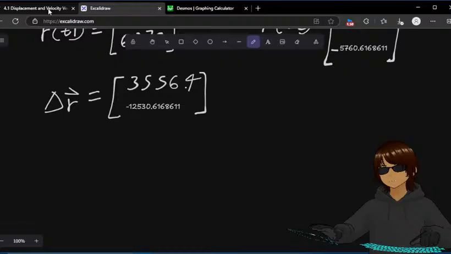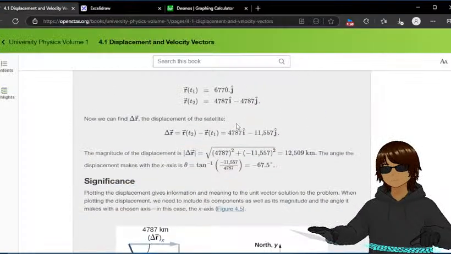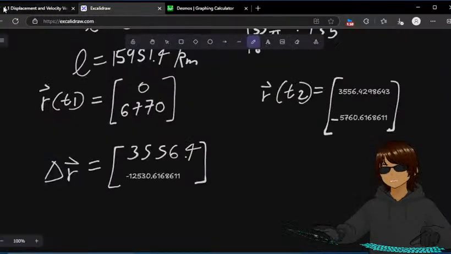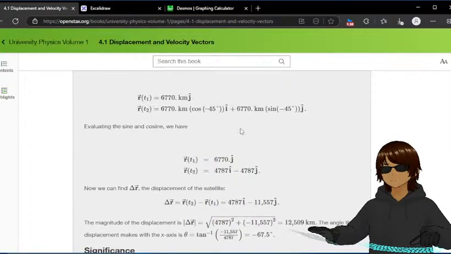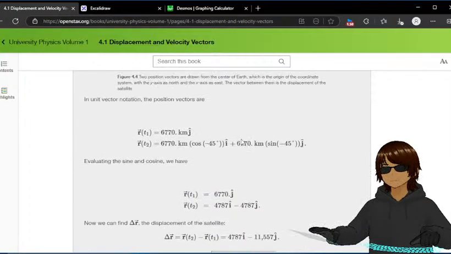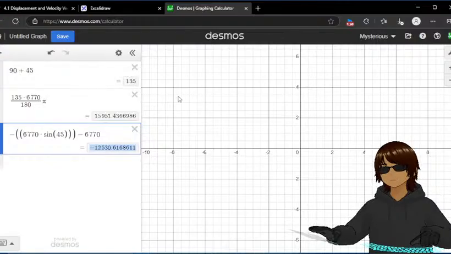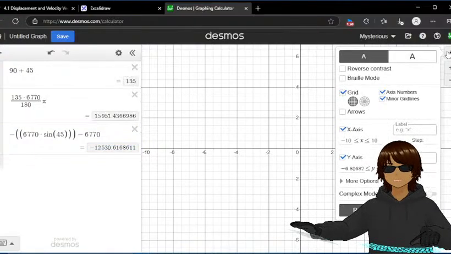Is this correct so far? They got it a little bit different. Cos minus 45. Is it in degrees or radians?